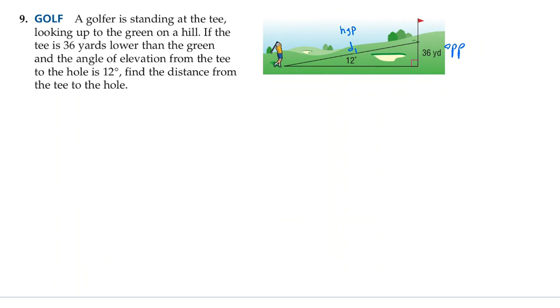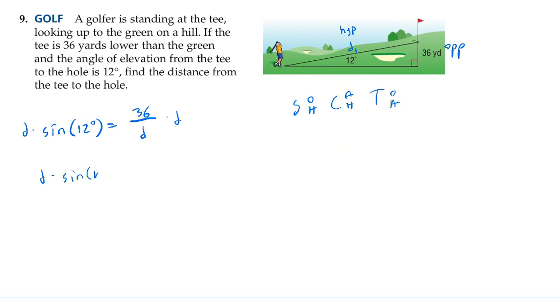All right, so if we want opposite over hypotenuse, from SOHCAHTOA, that's the sine. So we get the sine of the angle equals the opposite, 36, over the hypotenuse. Let's call that distance d. Multiplying by d on both sides, we get d times sine of 12 degrees equals 36.